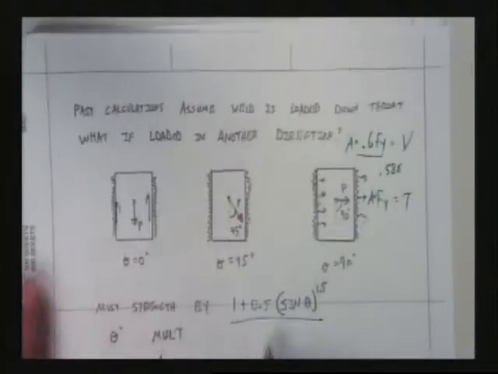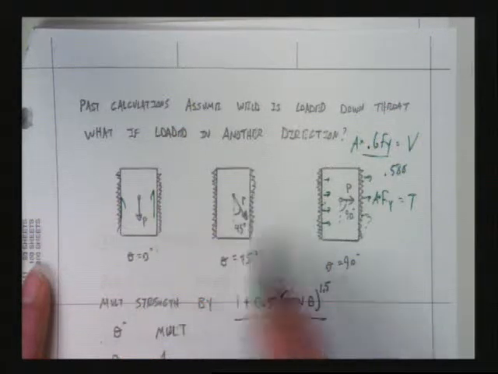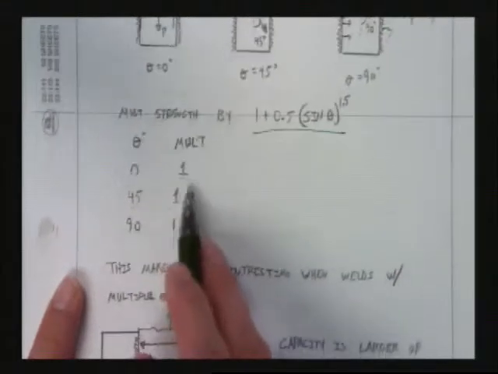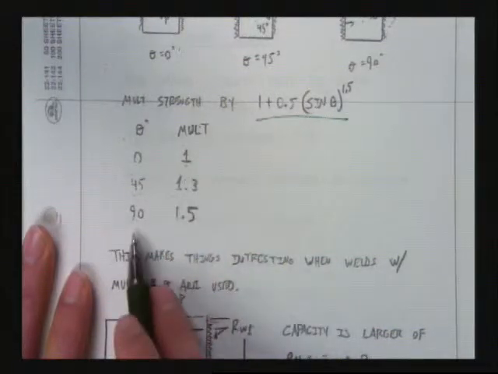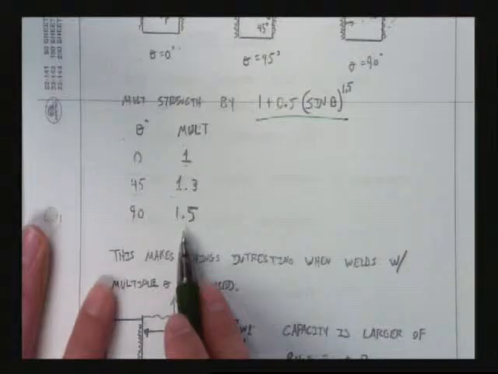And what they do here is that as the angle between your load and your weld changes, so does your capacity. When you're loading in pure shear, you get a multiplier of 1. When you're loading in pure tension, you get a multiplier of 1.5.